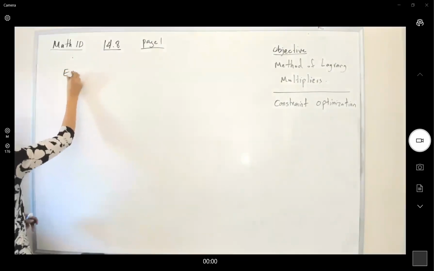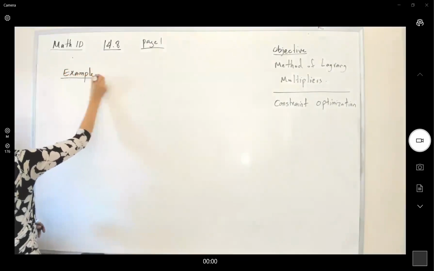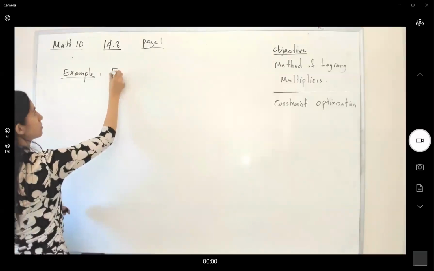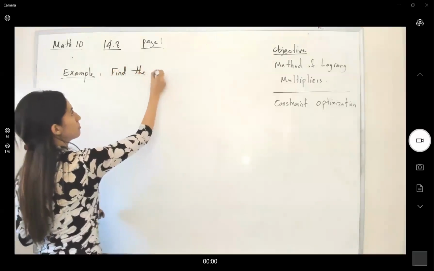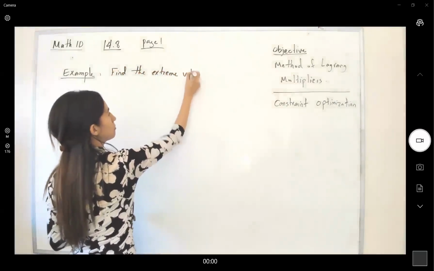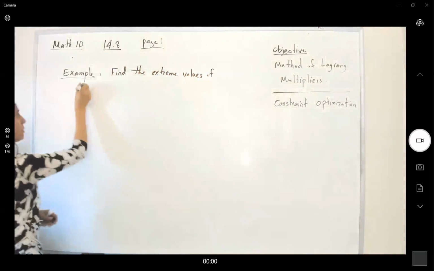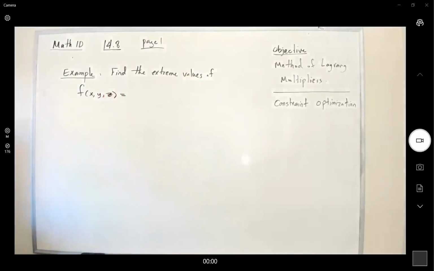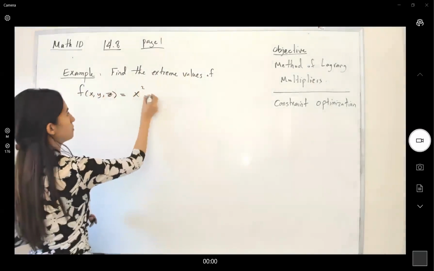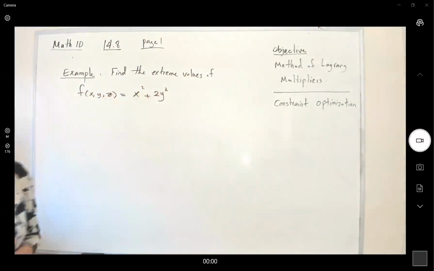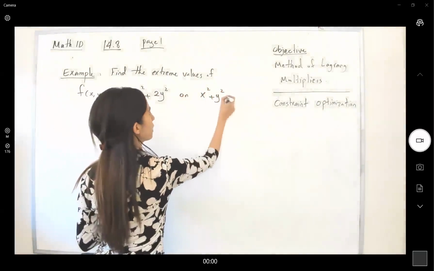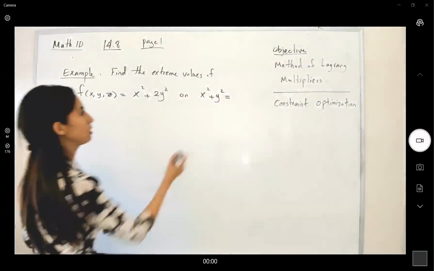Example. This example says, find the extreme values of function f of x, y, z equals x squared plus 2y squared on the circle x squared plus y squared equals, we have a unit circle, 1.